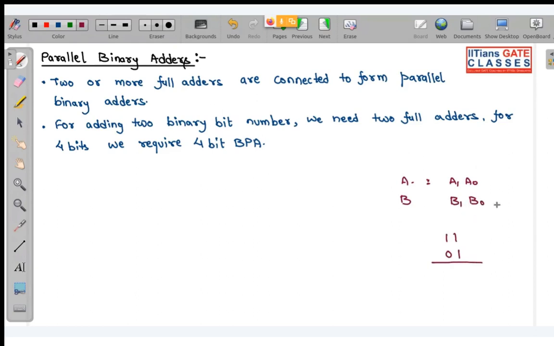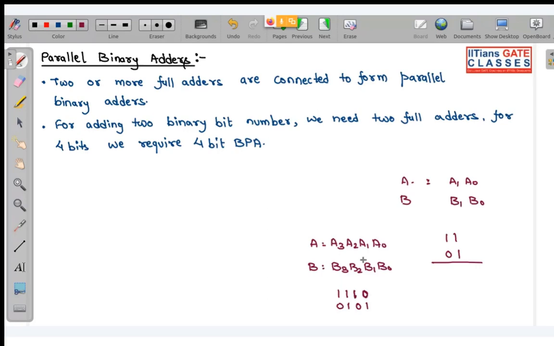Or it can be two 4-bit numbers, something like this. This addition is basically done by a parallel binary adder. Now there are two types of adder.